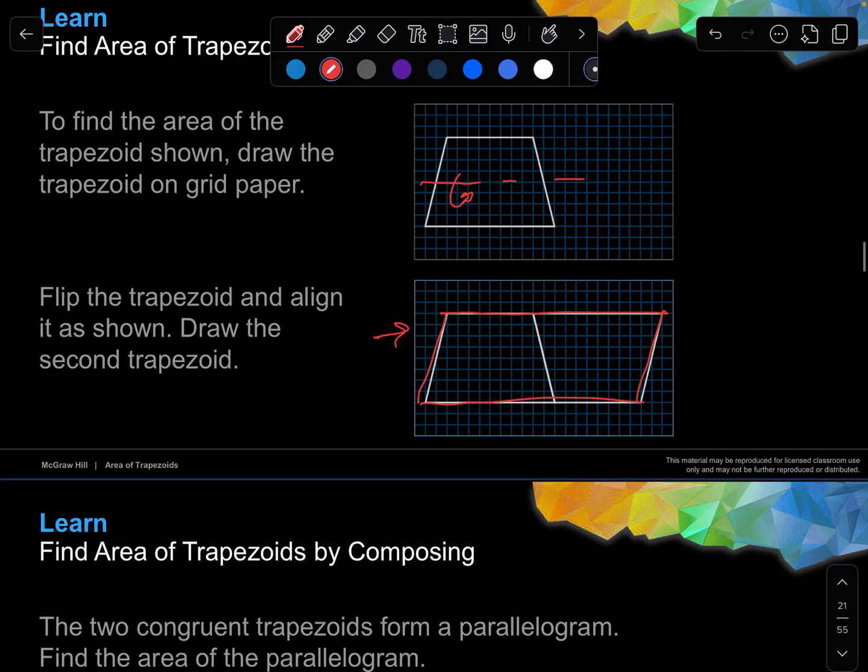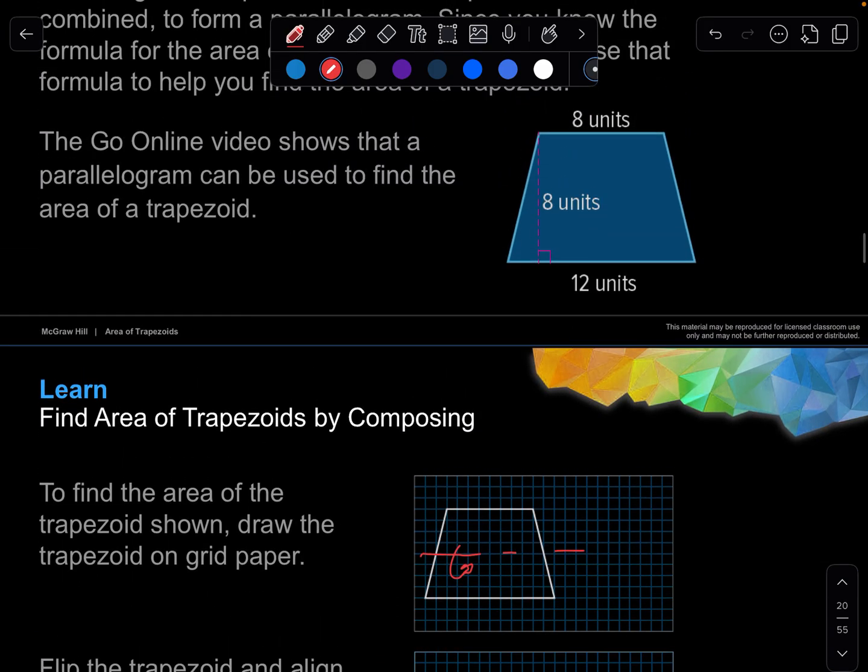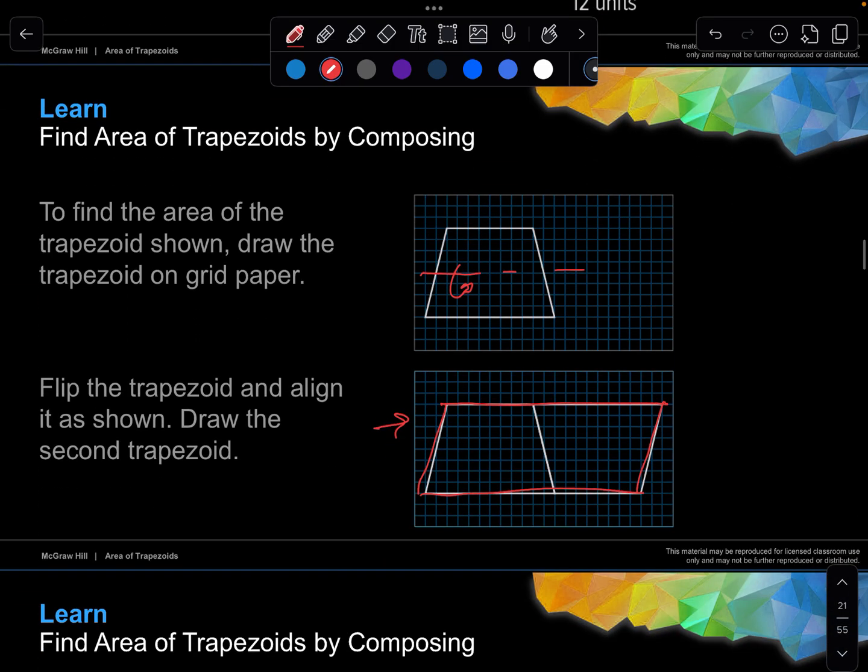Right? So let's go back to our example where we have 8 units and 12 units as the two bases, and the height is 8 units. So I'm going to show you that in this figure over here. Let me label it. This height is 8, this side is 8, this side is 12. When I flip it over, I brought this base over here, 12, and by that same token, this height goes here, 12.